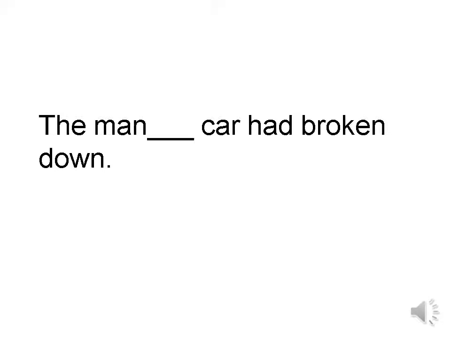Once again we see a noun there, the car. The car must belong to somebody, and it belongs to the man. So it's M-A-N apostrophe S. The man's car had broken down.